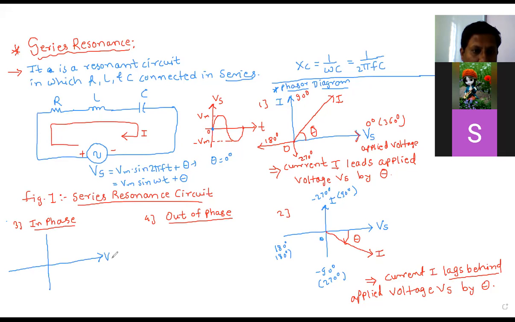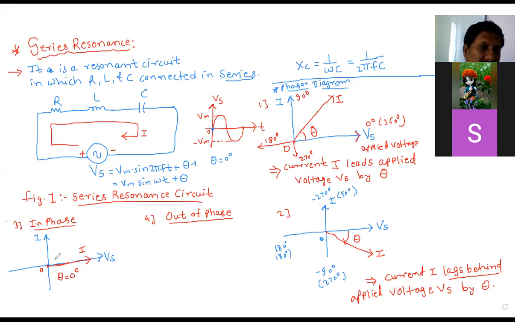Okay, so in phase I will talk about. Suppose this is the Vs. This is on axis, current will be there. Suppose if the current I will be on same axis, what is the phase difference then? Theta is 0 degree.